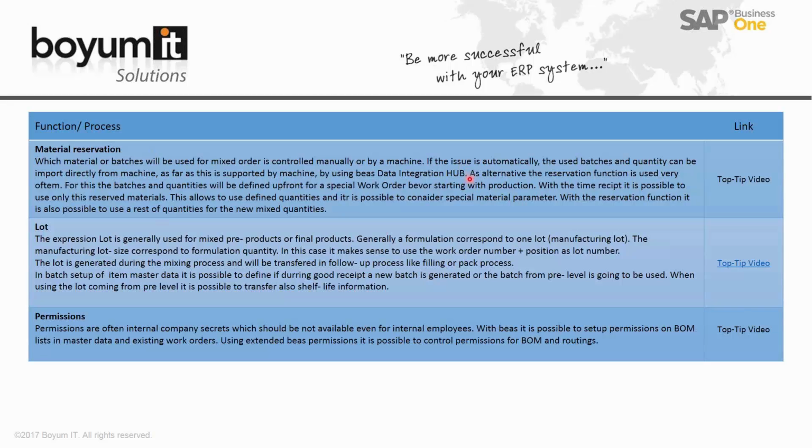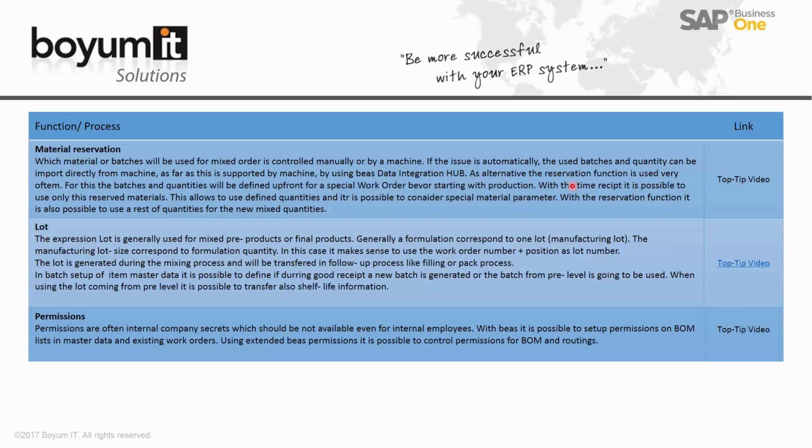There's a text which describes that some special batches can come per interface from a machine, that you have an interface by a data integration hub, so you don't have to do the reservation inside the system. The machine which is mixing knows which batch is used and gives you the information by interface.